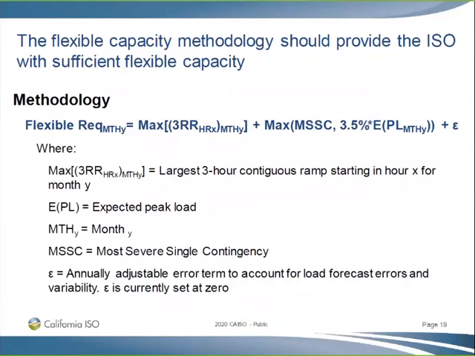And then we included an epsilon value way back, I think in 2014, so that if the forecast was really out of whack with what we had predicted, we could make some adjustments with that epsilon.